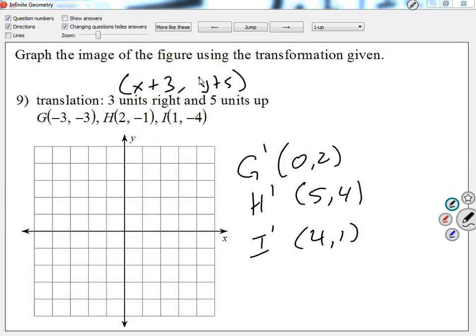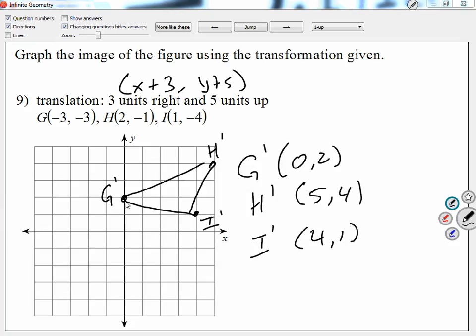Now that we have the prime points, let me plot those in. 0, 2 gives me G prime here. 5, 4, that gives me H prime. And then 4, 1 gives me I prime. Let me just connect my points. That's it.